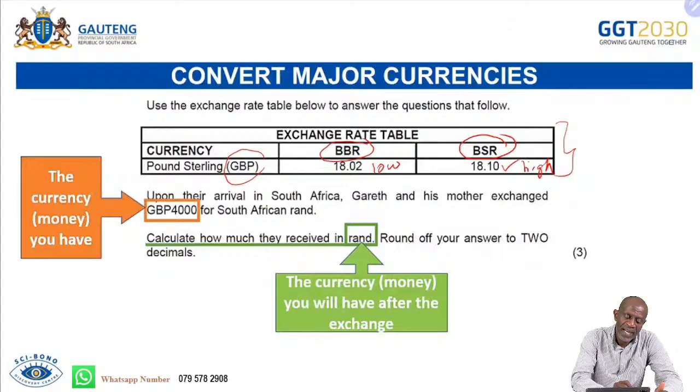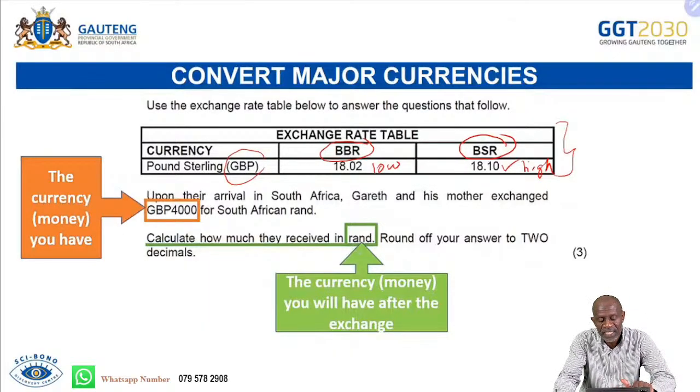So the money they have is 4,000 British pound. The currency you will have after the exchange will be expressed in rands. They have the British pound and they want to convert this pound into rand, meaning that in your answer you will have the money expressed in rand, not in Great British Pound.